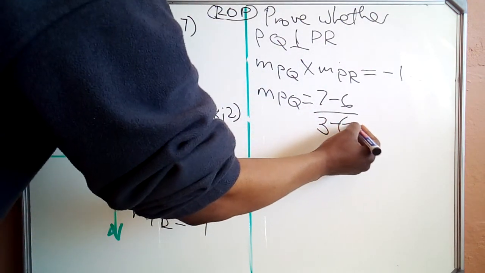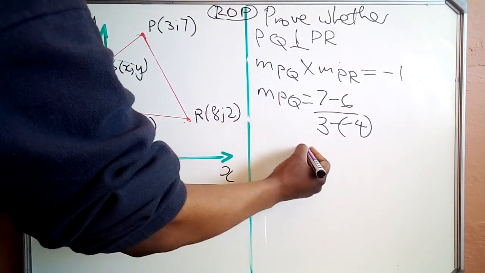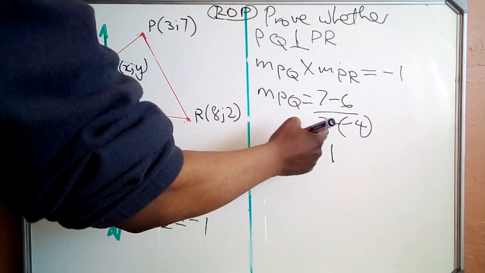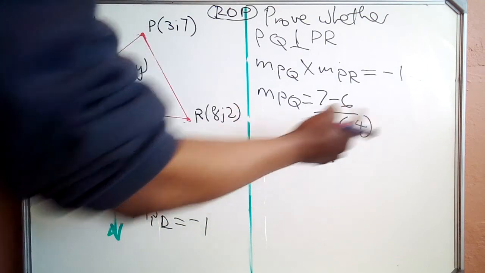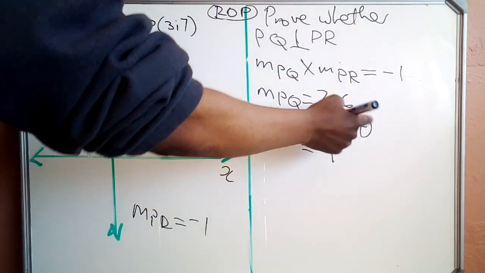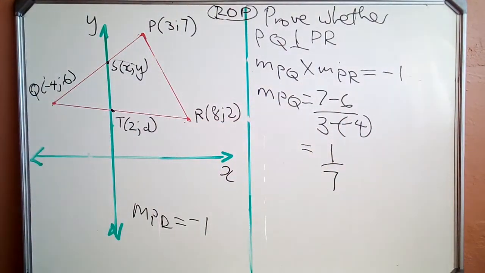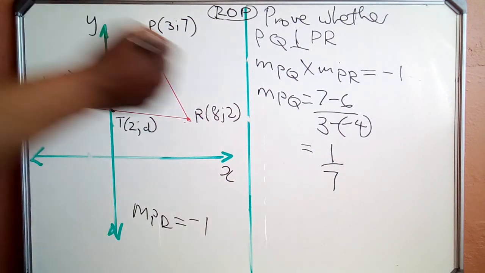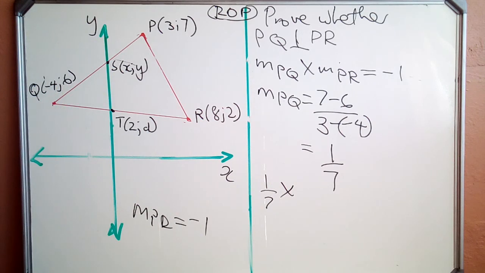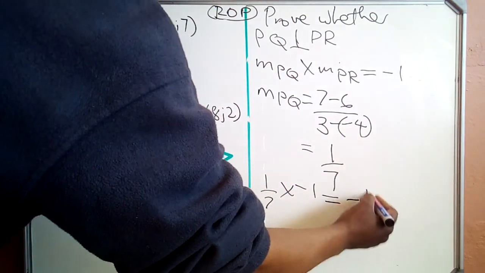So this will give us 7 minus 6 is 1, and 3 minus negative 4 is 3 plus 4, which is 7. So the gradient is 1 over 7. 1 over 7 times minus 1 will give you minus 1 over 7.